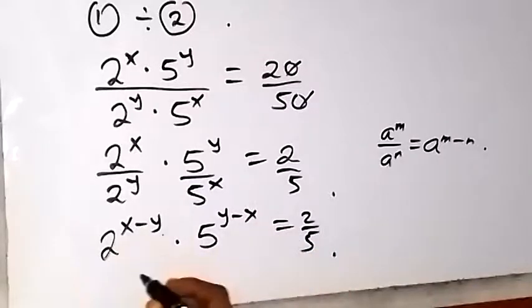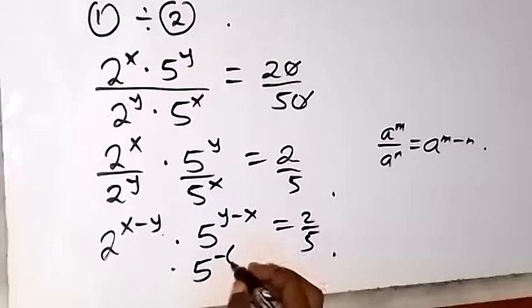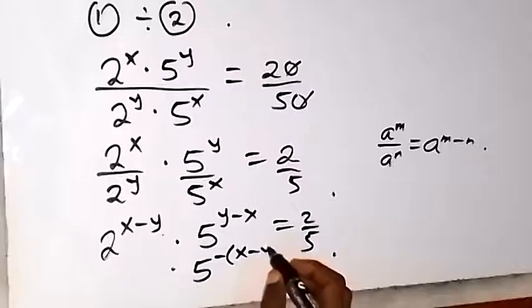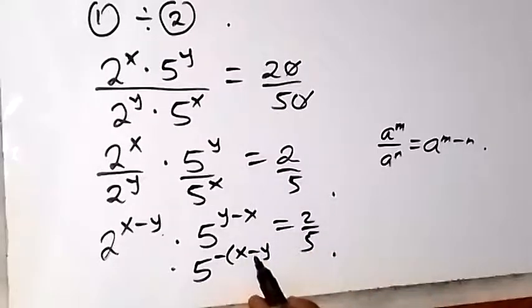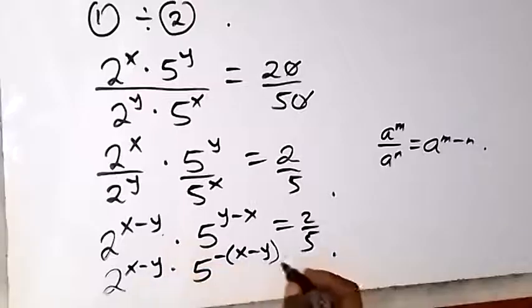So we take minus out and we are going to have 5 raised to power minus x minus y. So because this minus will have opened this, and this will still be the same thing as y minus x. So times 2 raised to power x minus y, then equals to 2 over 5.